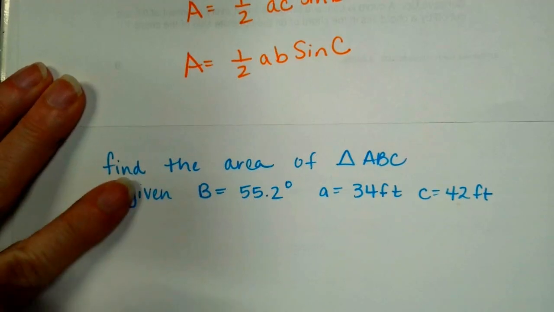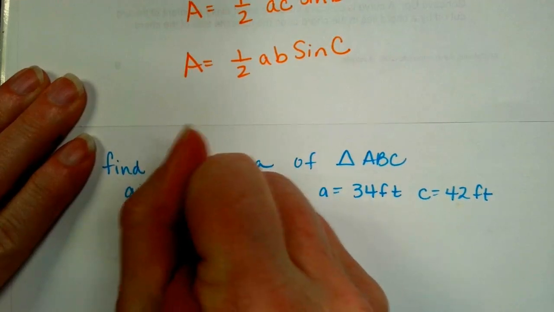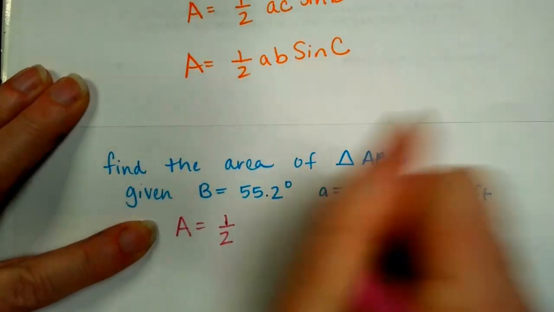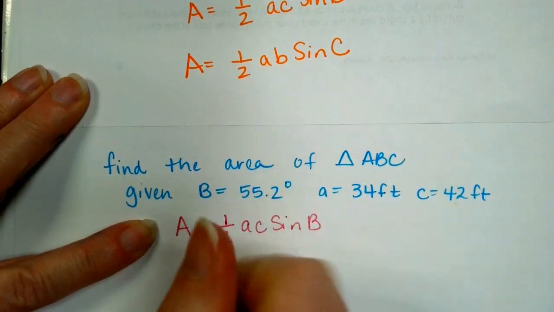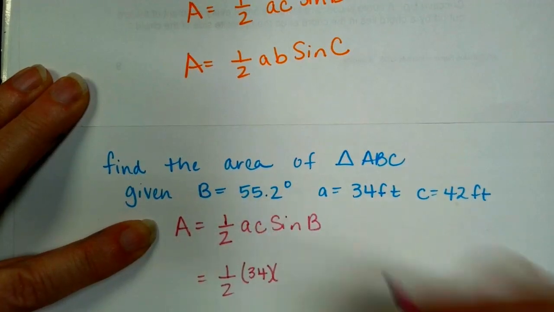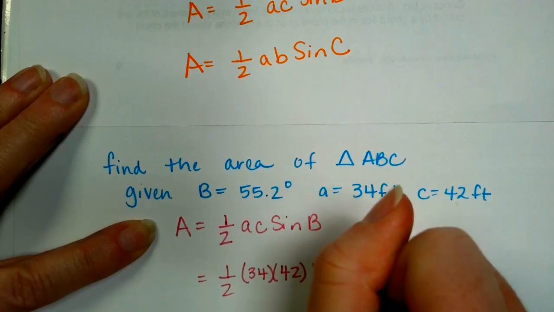So I'm going to set this up as area equals 1/2 side side. So in this case, that's A and C, sine B. So 1/2 times 34 times 42 times sine 55.2.